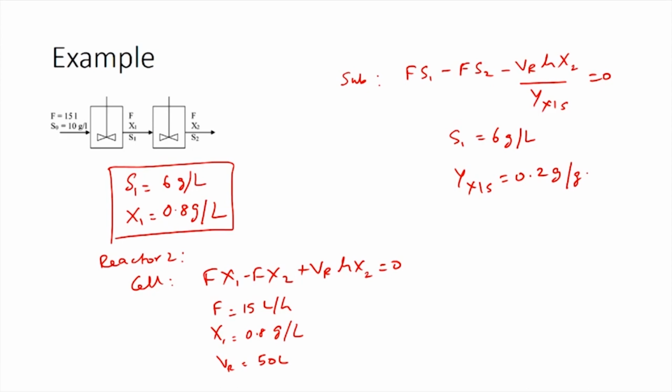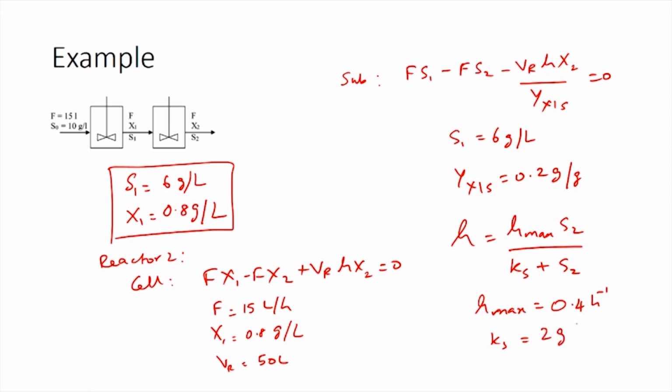So, with all other variables known, we are left with mu and x2. We can also calculate mu from the Monod equation, which would be mu max S2 divided by Ks plus S2, where mu max is given as 0.4 per hour and Ks is given as 2 grams per liter. Now that we have all the parameters, we just have nonlinear equations that need to be solved simultaneously.